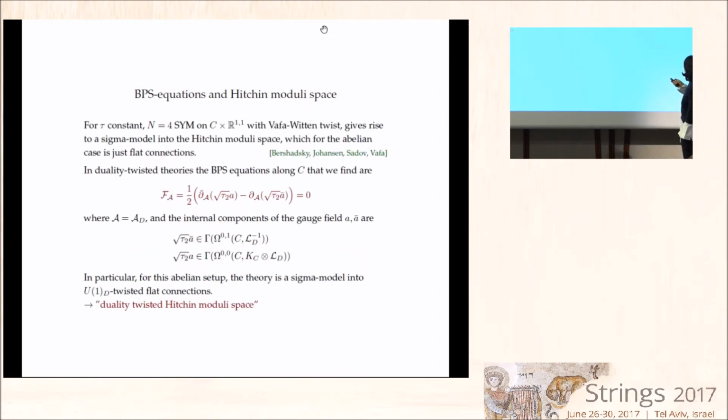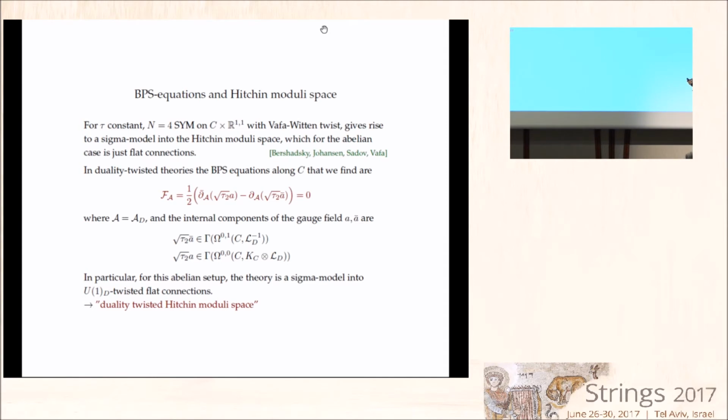One small comment. I said that in the type 2b setting, the two-dimensional theory can be described in terms of a sigma model into the Hitchin moduli space. I can only tell you what it does in the abelian case, but already there, what used to be just flat connections now becomes something twisted by this one duality bundle.